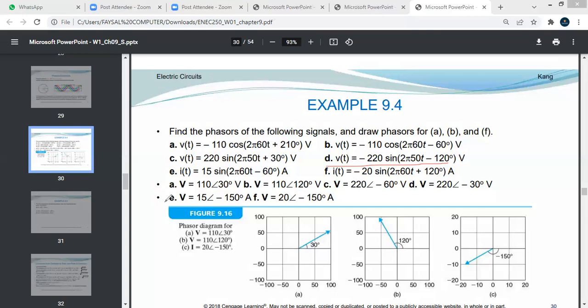So again, summarizing this part, my phasor depends on two things. First is my amplitude.